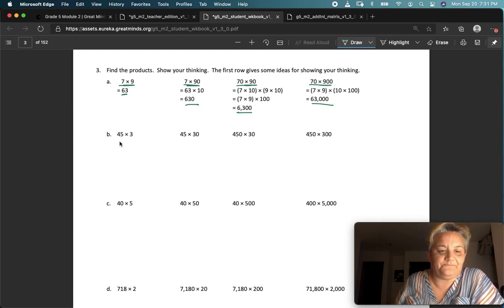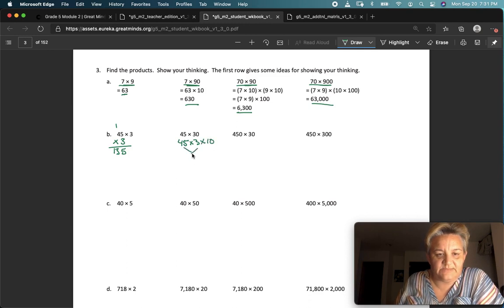So let's try. 45 times 3. Well, let's just multiply. 3 times 5 is 15. Carry the 1s, 12 is 13. 135. All right. So here we would have 45 times 3 times 10.